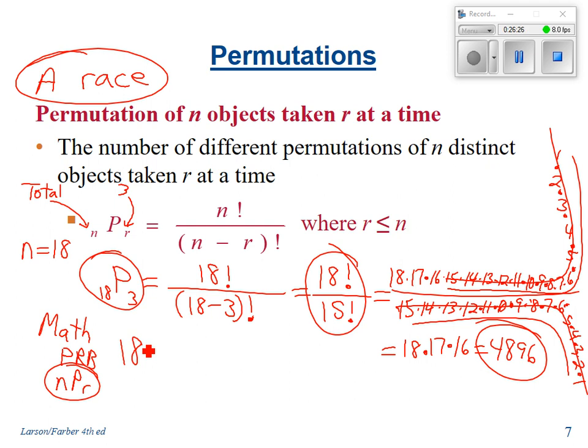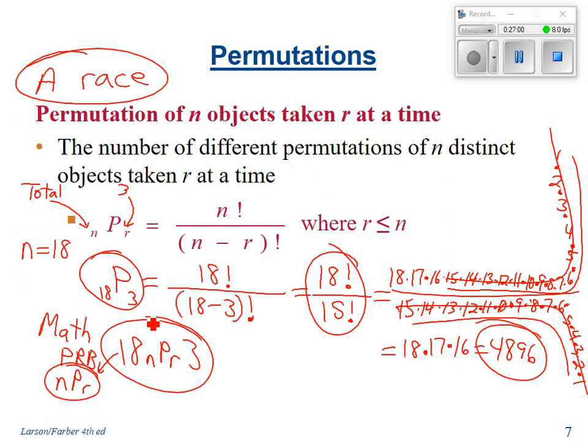So you type in 18, go to that button, and it'll pop up on the screen, NPR, and then you type in 3. And what's it tell you? 4896. Those are the possible ways that out of our class here that we could finish a race, the first, second, and third place. All right?